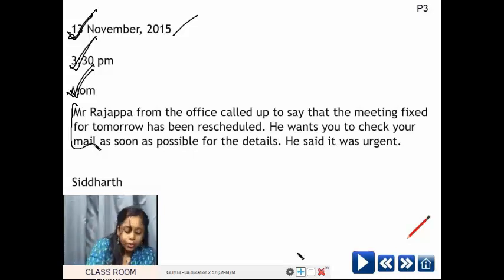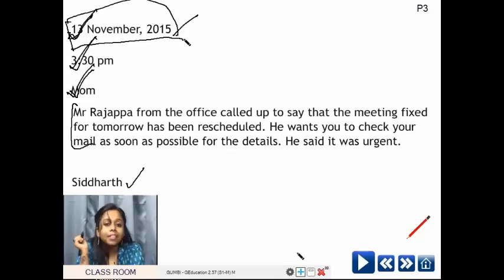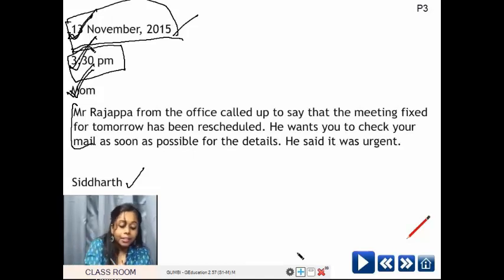Yes. So, students, you saw that while writing a message, first you should give the date. Then the time when you are writing the message. So here Siddharth is writing the message at 3:30 p.m., means 3:30 in the evening. And whom is he addressing? To his mother, mom.